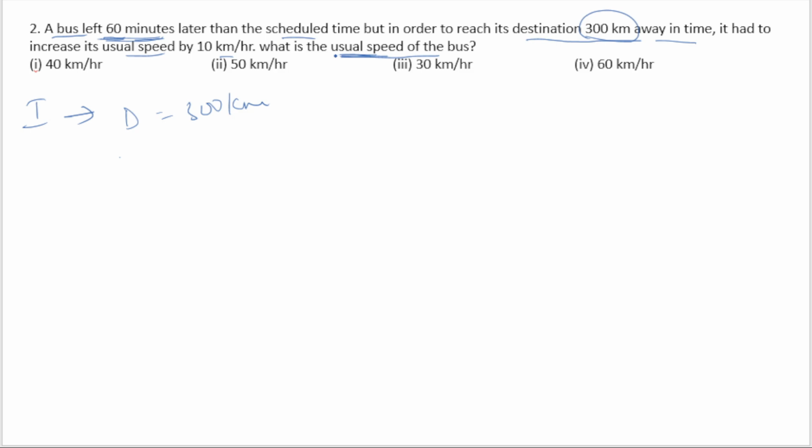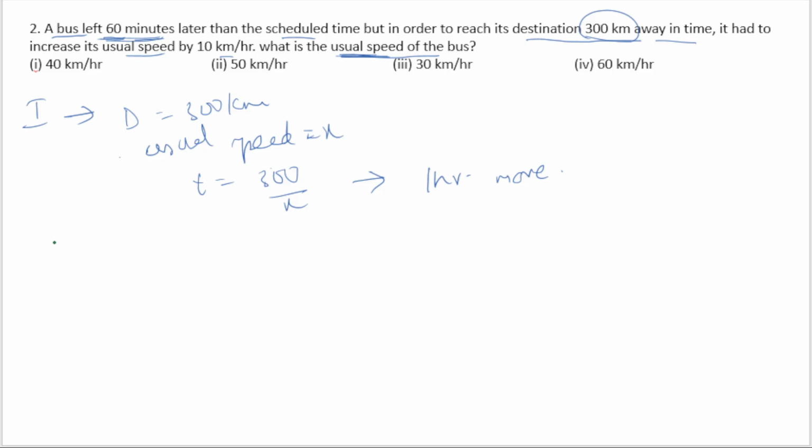If the bus is traveling with usual speed, we will assume the usual speed is equal to x kilometers per hour. So what is the time taken here? Time is equal to distance divided by speed. It is 300 divided by x. In this case, the bus would take 1 hour more to reach the destination.